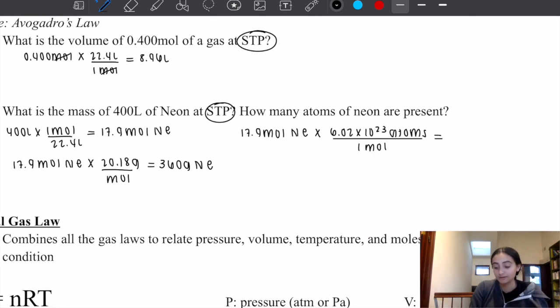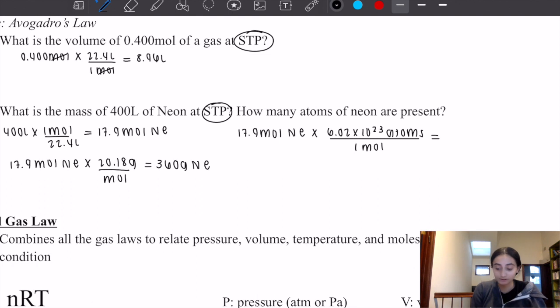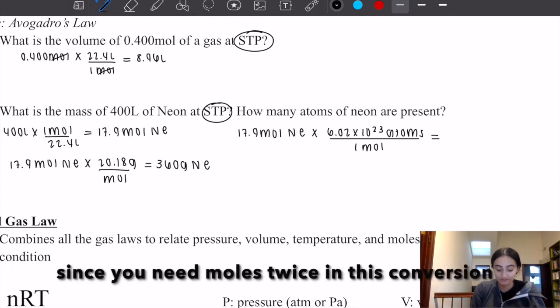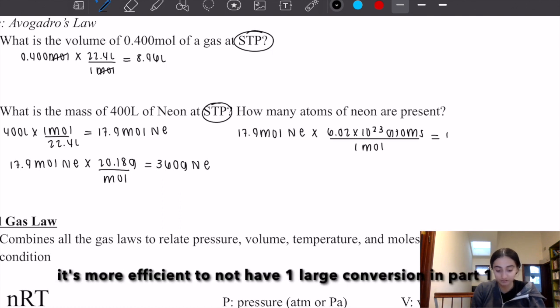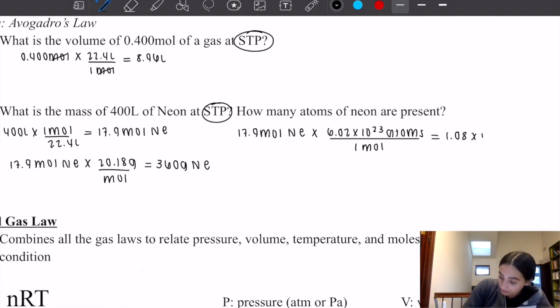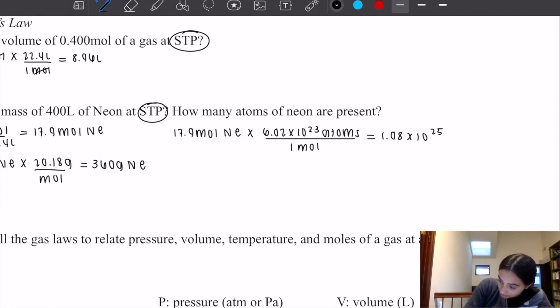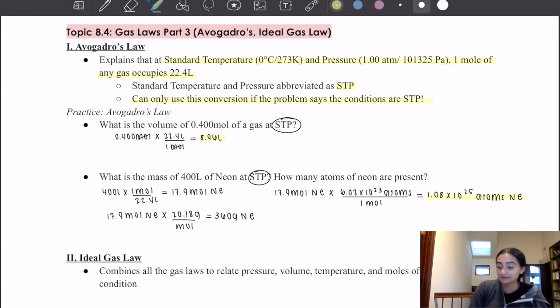And remember, I found moles in my first conversion. So I'm going to still use my unrounded number and multiply by 6.02 times 10 to the 23rd. And then I'm going to get 1.08 times 10 to the 25th atoms of neon. So that is the answer to our second question.